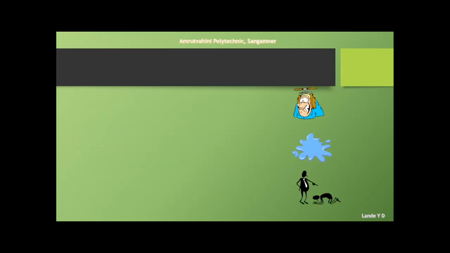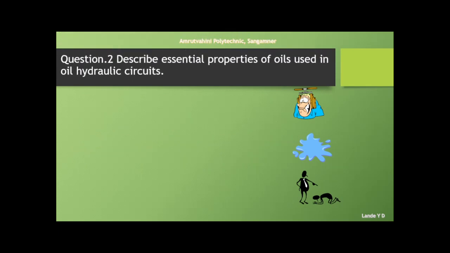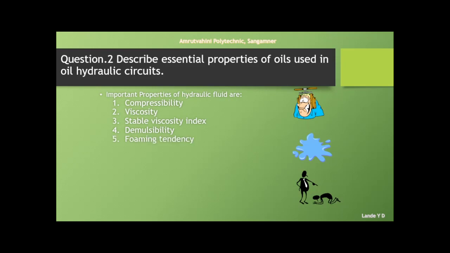Question 2. Describe essential properties of oils used in all hydraulic circuits. Important properties of hydraulic fluid are: 1. Compressibility. 2. Viscosity. 3. Stable viscosity index. 4. Demulsibility. 5.